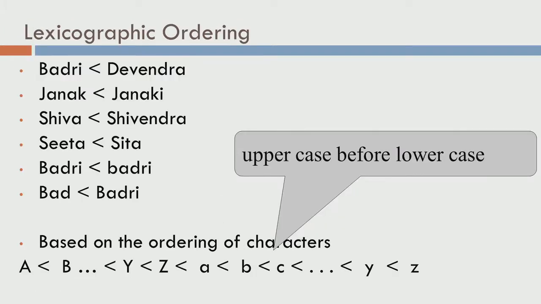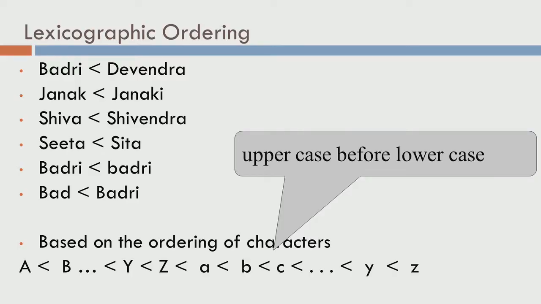Finally, let us look at the notion of ordering strings, and this is something that we do in daily life. If I pick up a dictionary, I may want to look at the order in which the words are occurring. In this slide I am looking at names of people or words. Let us look at the word Badri and the word Devendra.